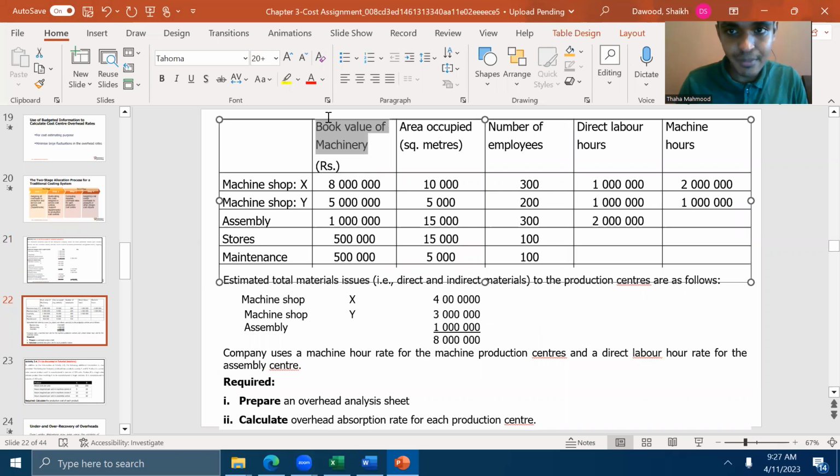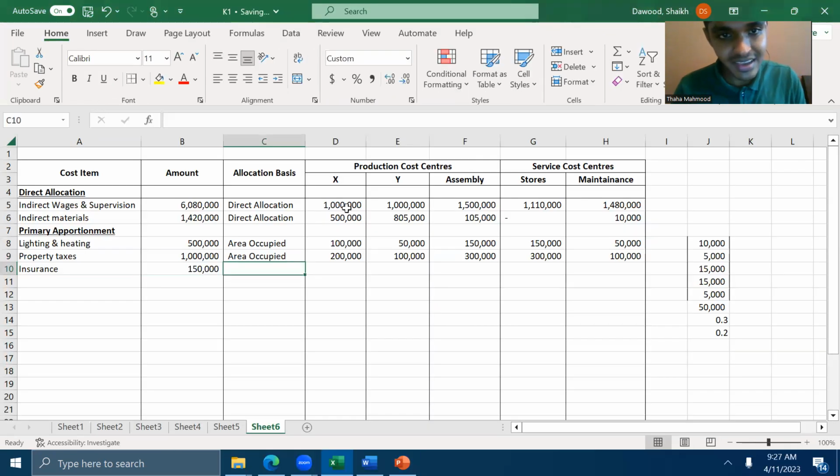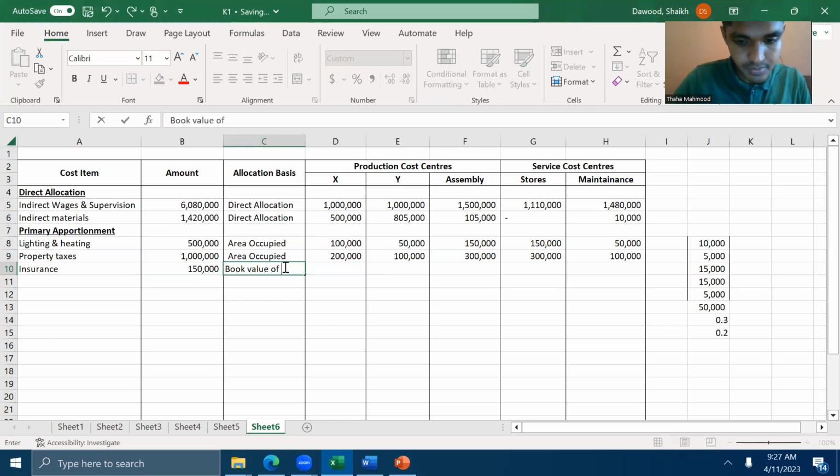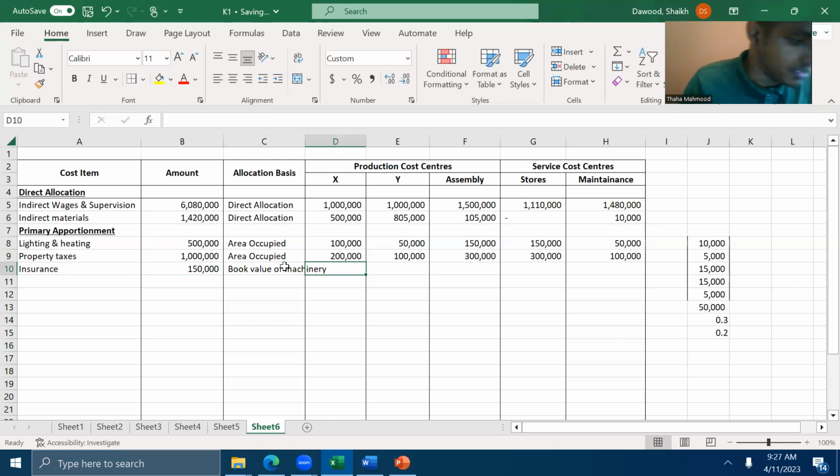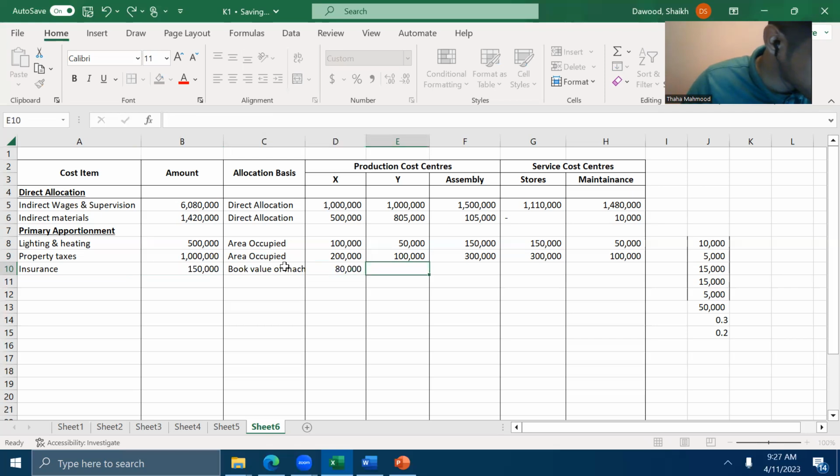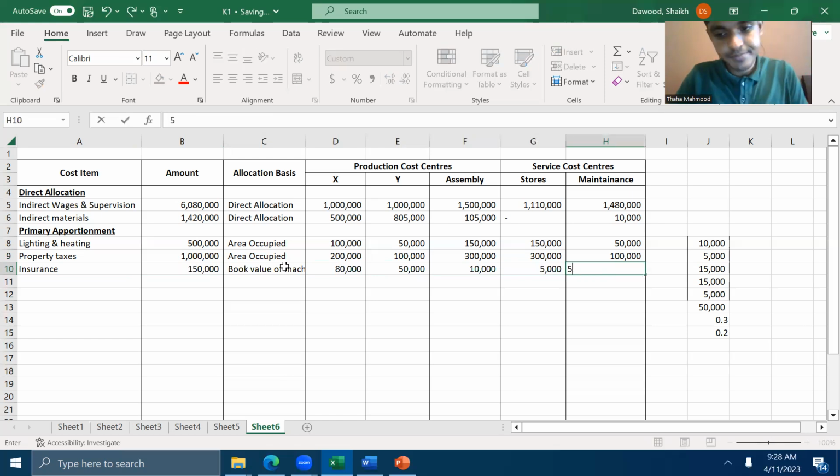So that would make the book value of machinery the best basis. Taking the total of 8 million, 9 million, 10 million, and 15 million as the proportion, this would make it 80,000, 50,000 here, 10,000, 5,000 and 5,000.